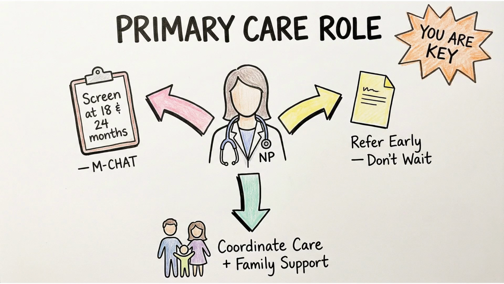Do not tell families to wait and see. Early referral is your most powerful intervention. You also play a key role in coordinating the multidisciplinary team, supporting families through the diagnostic process, and monitoring for comorbidities at every visit. You are the constant in the child's care.